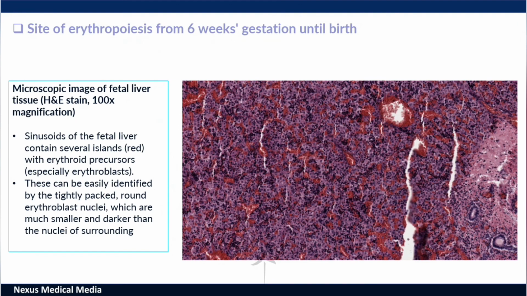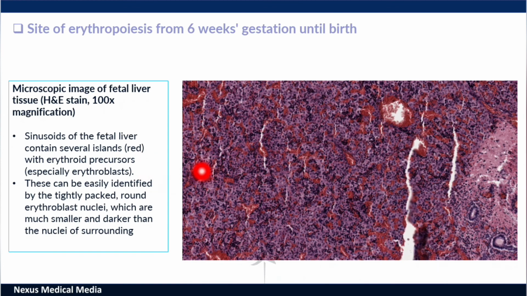Right, another very important function of the liver is that it is a site of erythropoiesis, that's formation of erythrocytes, from the 6th week of gestation until birth. Right, so you can see this one is a microscopic image of fetal liver, stained by hematoxylin and eosin. Right, you can see the magnification.